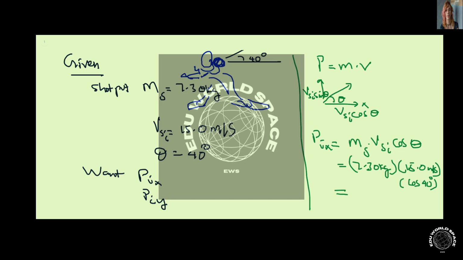When you plug in those numbers, you get 7.3 times 15 times cosine of 40, and we end up with 83.88 kilogram meters per second.